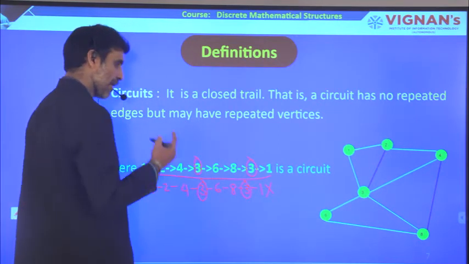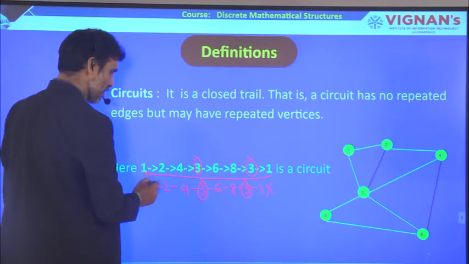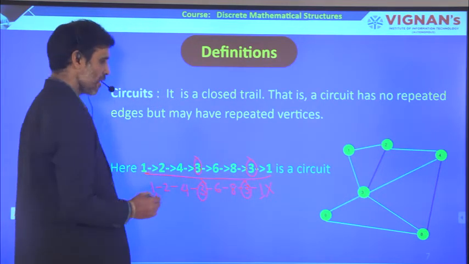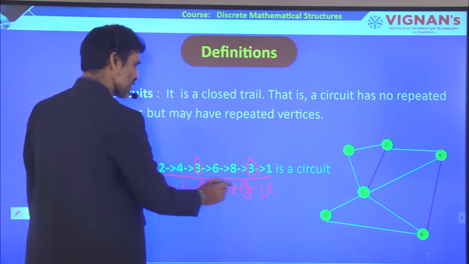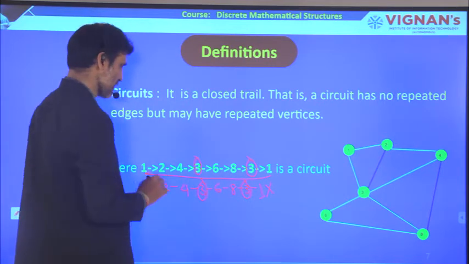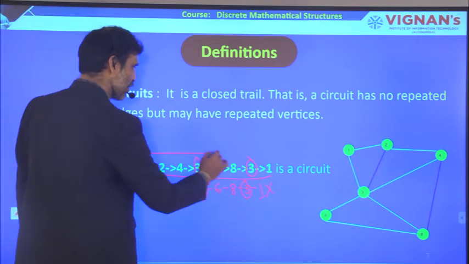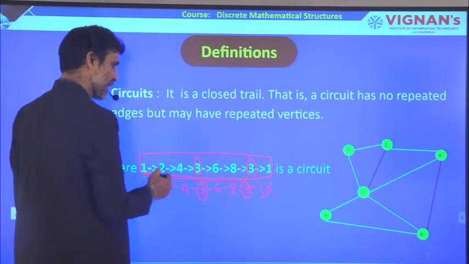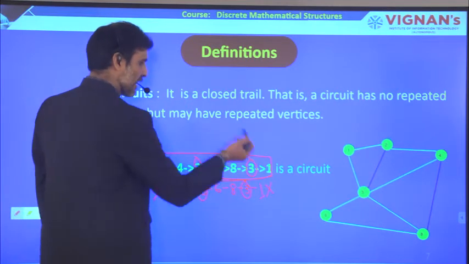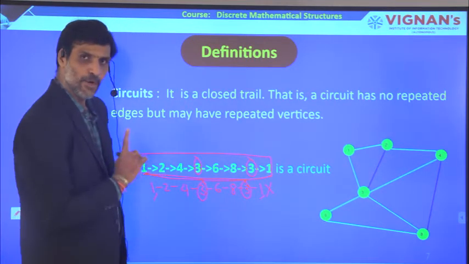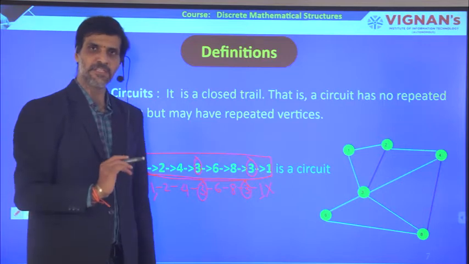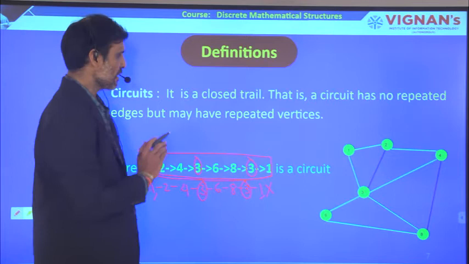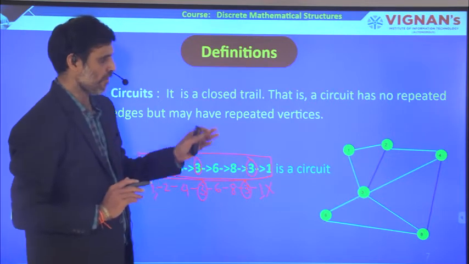According to the definition of a cycle, only the start vertex and end vertex must be the same, but the intermediate vertices must not be repeated. But in a circuit, intermediate vertices may be repeated, the start and end vertex must be the same, and no edge is repeated. This is called a circuit. So this is how we define a circuit of a given graph.